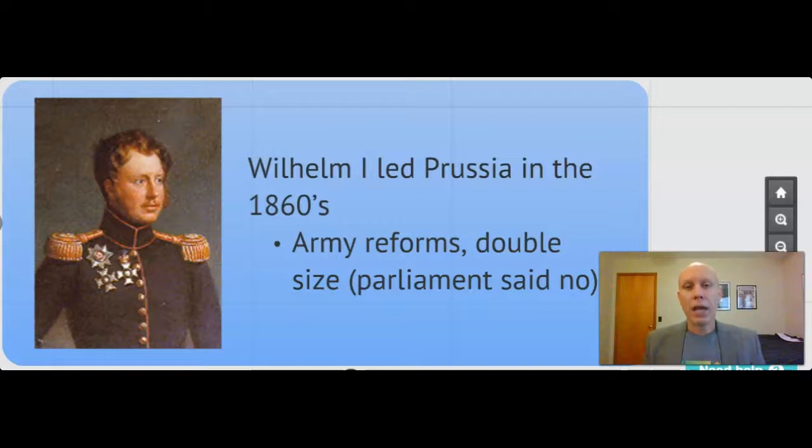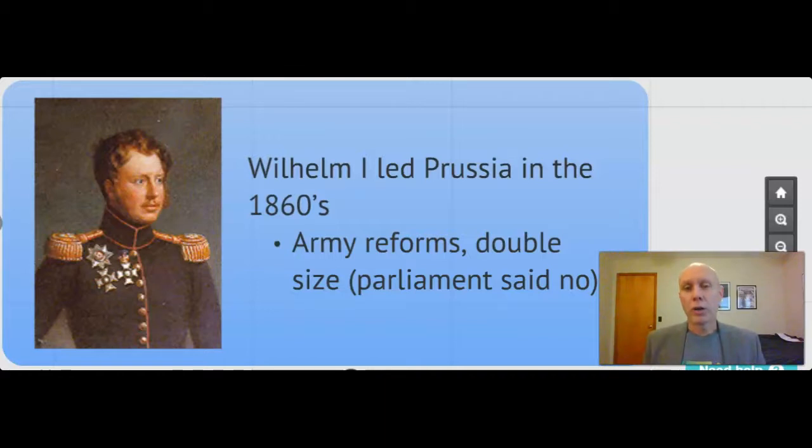And he definitely had more ambition and goals for something a little more significant than had been true with his predecessor. One of the ways you can see these ambitions in action, or at least an attempt to be in action, was in his desire to bring about some reforms to the military within Prussia, and in fact, an attempt to double the size of the army of Prussia.